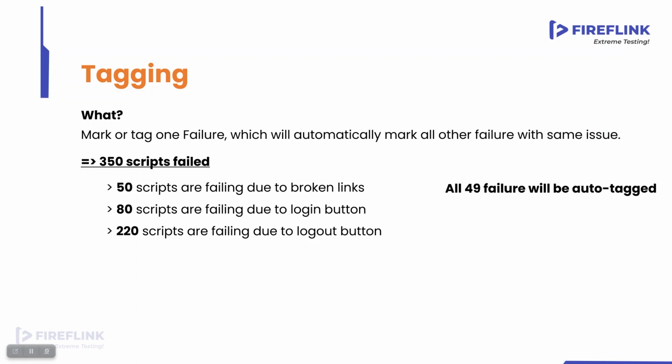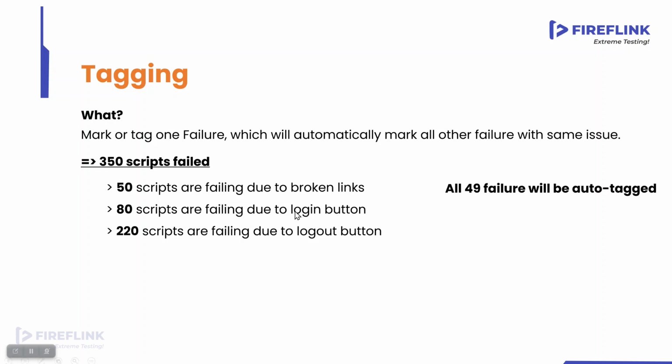Right? Now if I go to the other scripts which are failing due to the same reason, I will be able to see the tag. Once I see the tag, I will not work on it, because the tag indicates that the failure is due to the same reason. Now I will go to another failure, which is due to the login button being missing or not clickable, right?